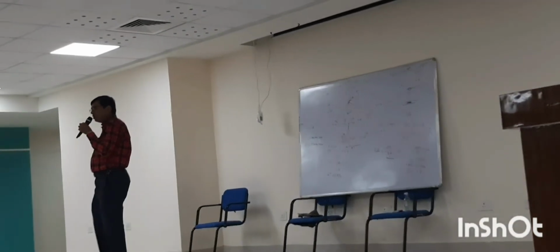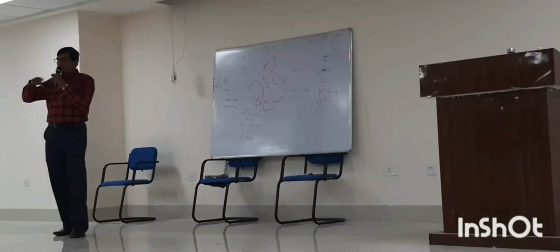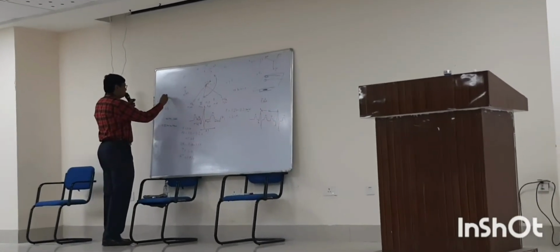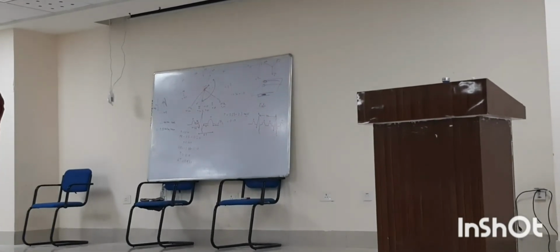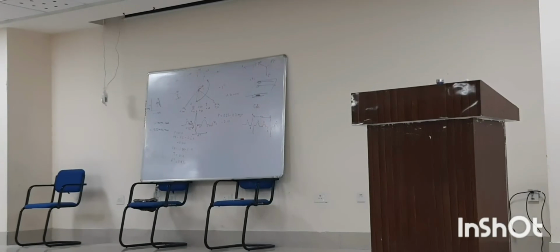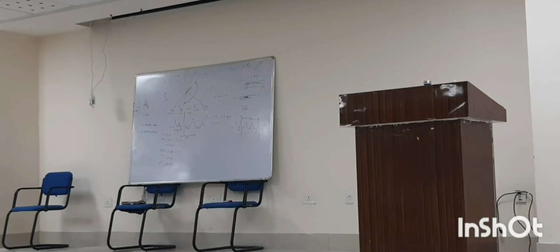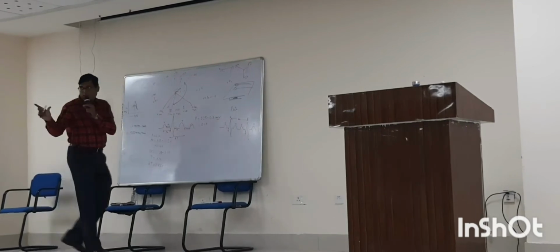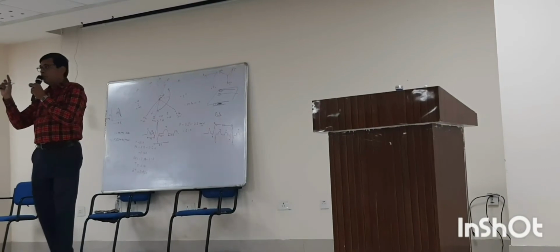P wave morphology. If it is tall and peaked, what will happen? A tall and peaked P wave is called P pulmonale or right atrial dilatation. The width is normally 0.1 second, that is 2.5 small squares.